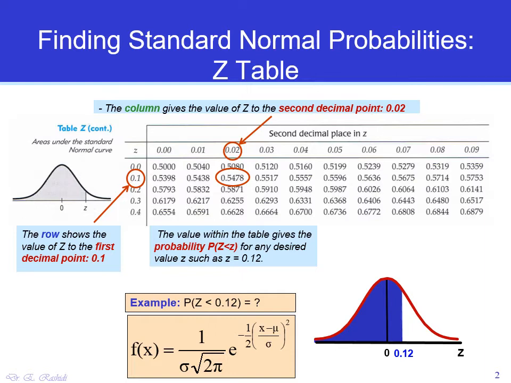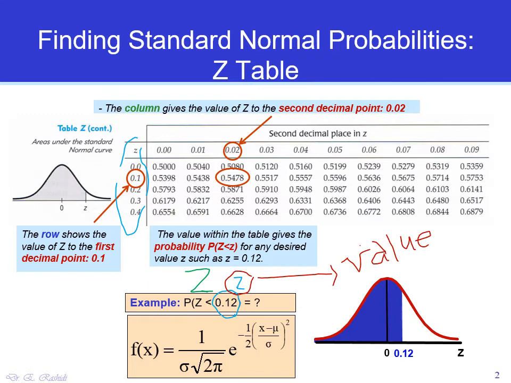On the first column here, you see the first decimal of the value that z can take. Z means this value here, the small z. We have a capital Z here, which is the random variable, and a small z here, which is the value that the random variable can take.